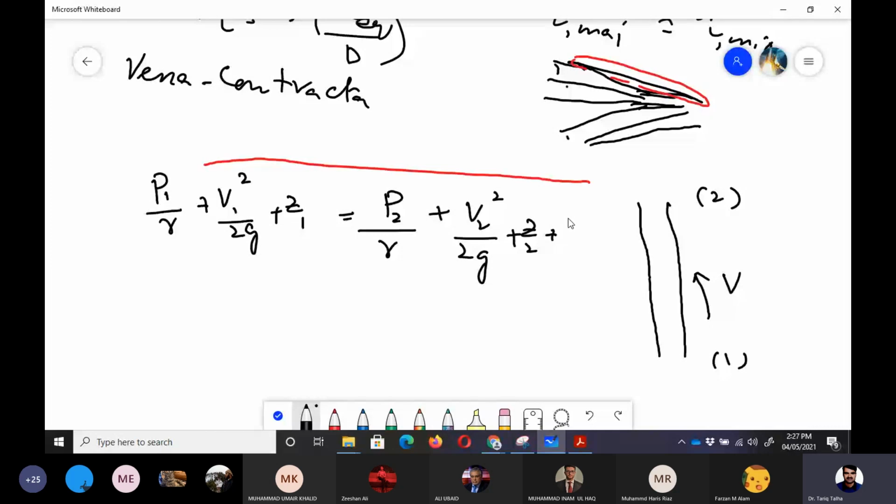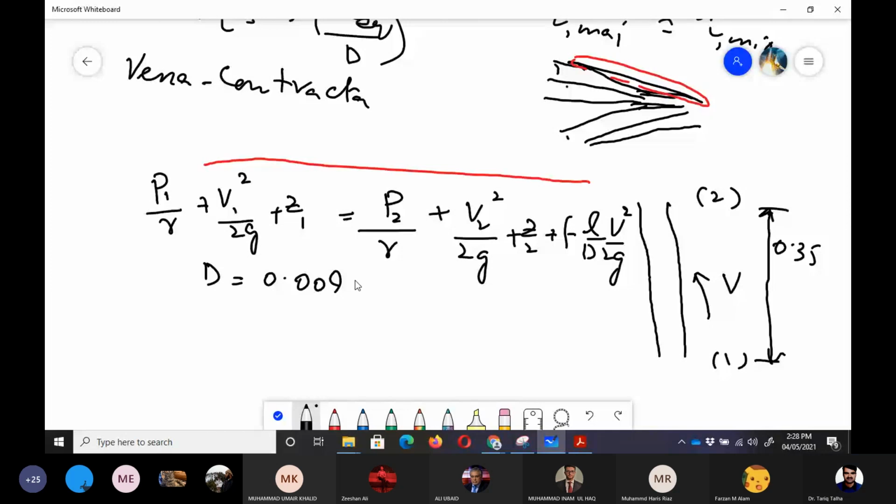HL here would be, because there is no component involved, we can write straight away fL upon D, V square upon 2g, right? And what is this length? That is 0.35 meter, I think, in the statement, and the diameter that is given is 9 mm, which is 0.009 meters, right?